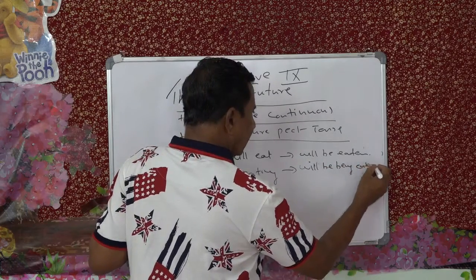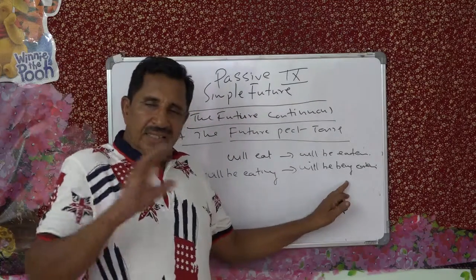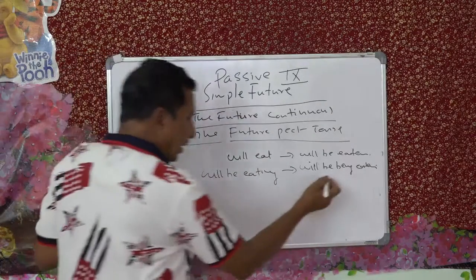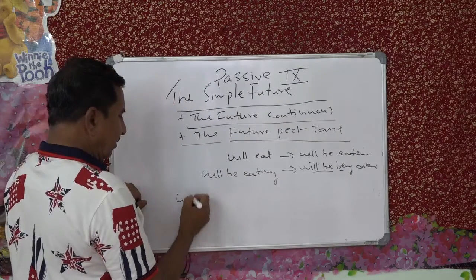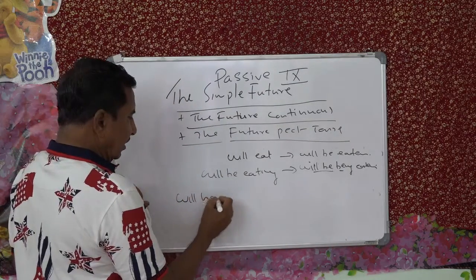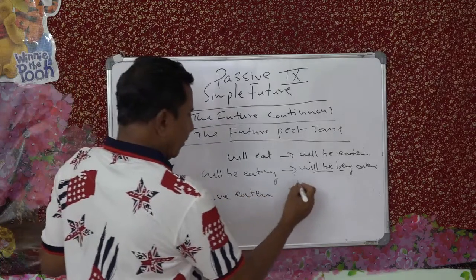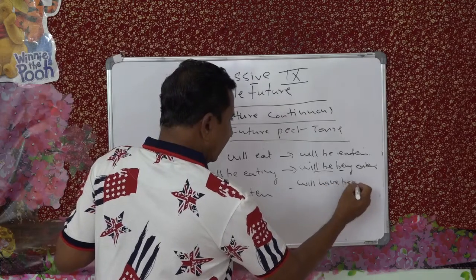Past participle and be is very important. Without that, you cannot have a passive. This be is something else. You have to add this, and then we'll have eaten. That is perfect. Will have been eaten.